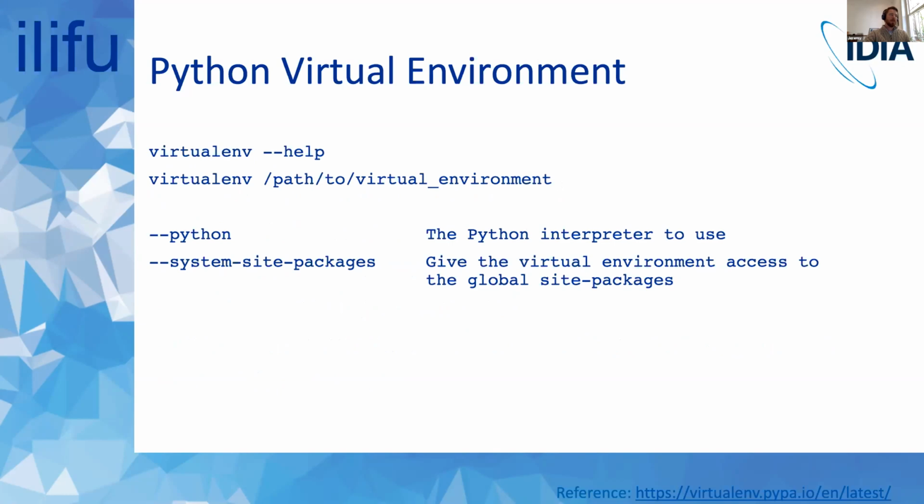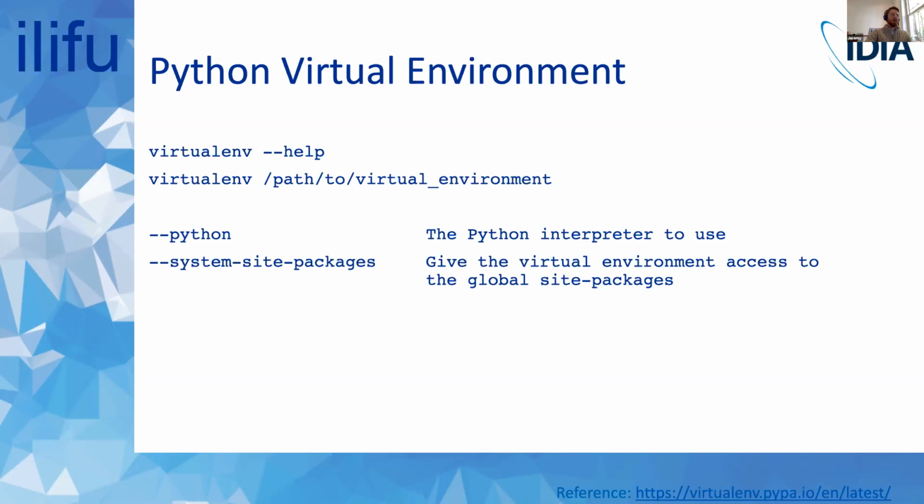Some examples of parameters that are available are the python parameter, where you can specify which Python interpreter you would like to use. Another important parameter is system-site-packages. This is a choice you have to make as to whether your virtual environment has access to the underlying operating system site packages or not. So you can customize how isolated your Python environment is.